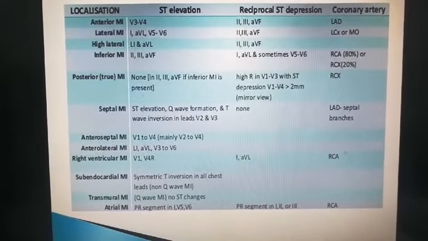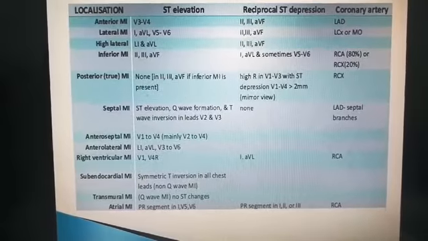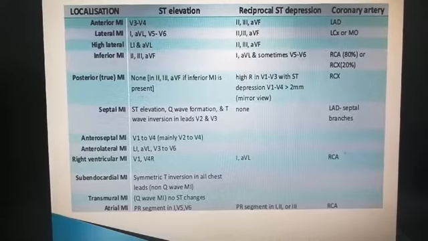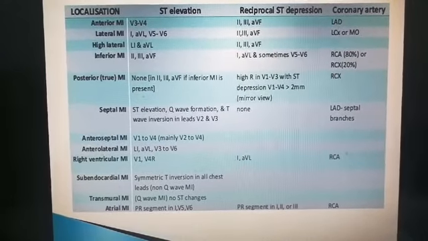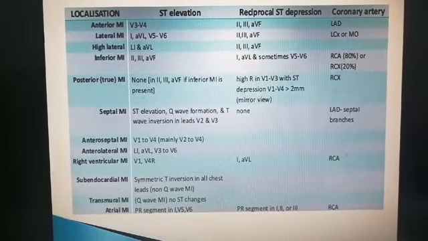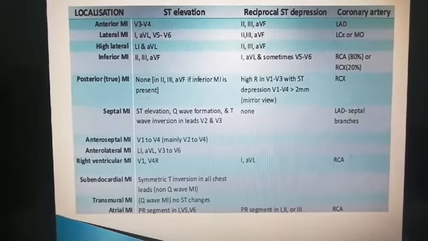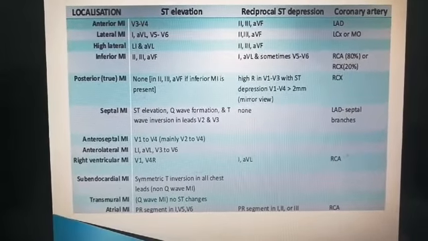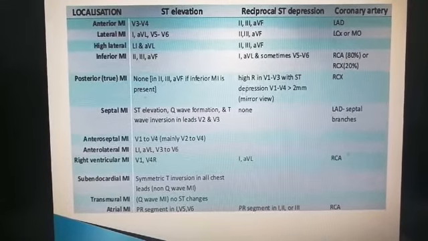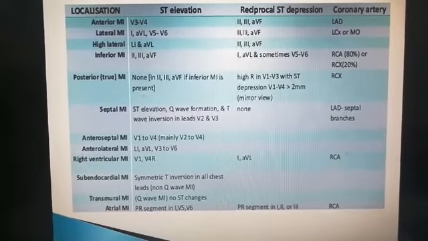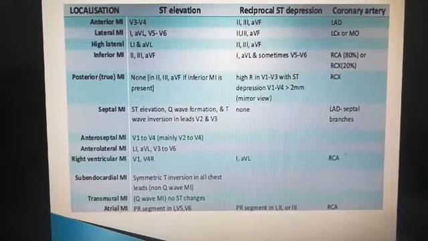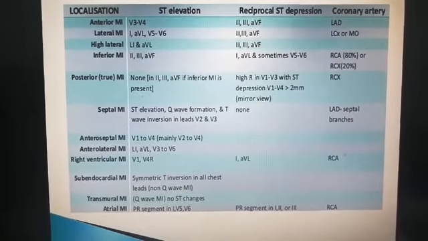Okay, and inferior wall 2, 3 AVF region, and this region is supplied by right coronary artery 80% and left circumflex artery 20%, while lateral MI is supplied by left circumflex artery, and posterior wall MI is the true MI, and this area is involved by right coronary artery, while in septal MI there is ST elevation, Q wave formation.